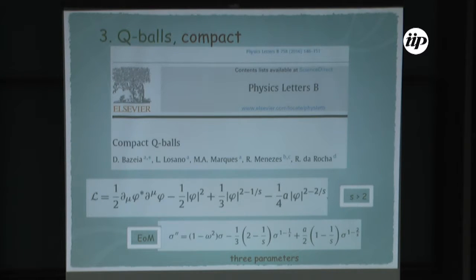Compact Q-balls. What are compact Q-balls? You have this model. We suggest this model where you have A here and another parameter here, S. But you see the funny way the field self-interacts now, because S for us is greater than 2. You have an exotic self-interaction.